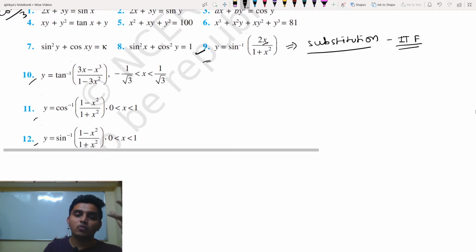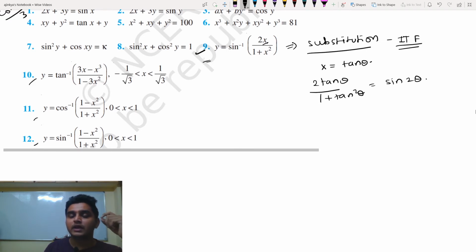And why do I mean this? So if you put x equals to tan theta over here, so you are going to see that 2 tan theta upon 1 plus tan square theta. So this is a formula for sine of 2 theta, and you immediately know that if we convert this 2x upon 1 plus x square, this whole term is going to be easy to eliminate.